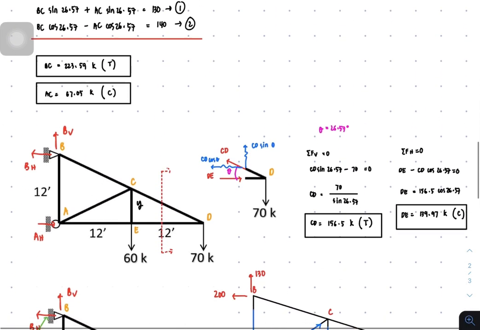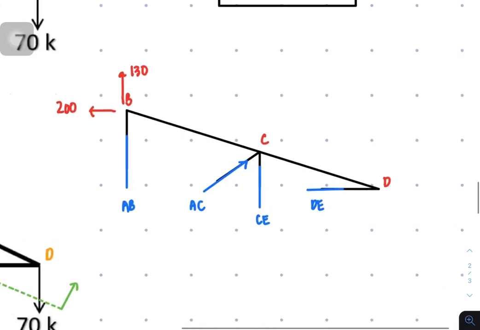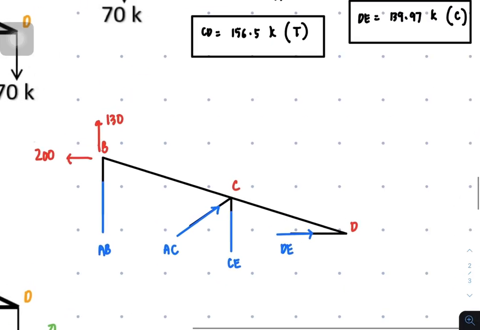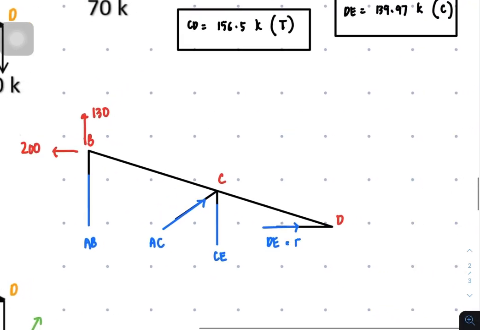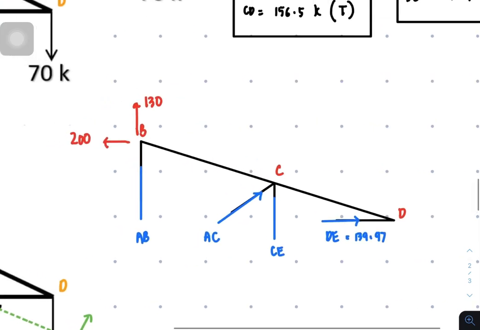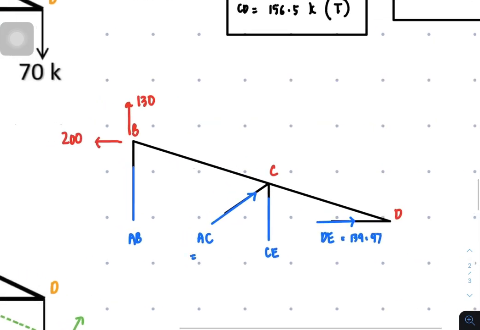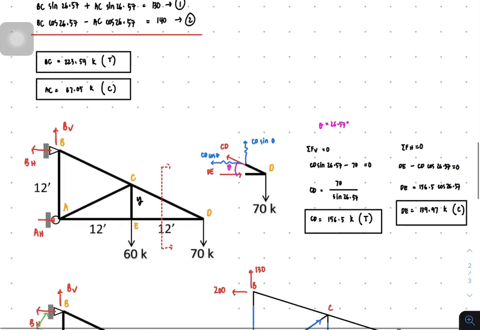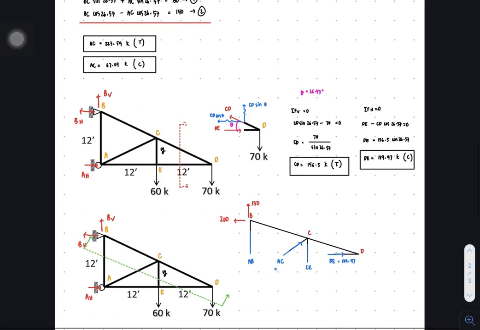Then this is member DE. DE is in what orientation? Compression. So DE is 139.97. AC is how much is AC? 67.05.